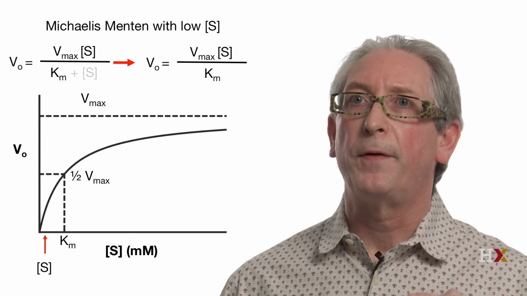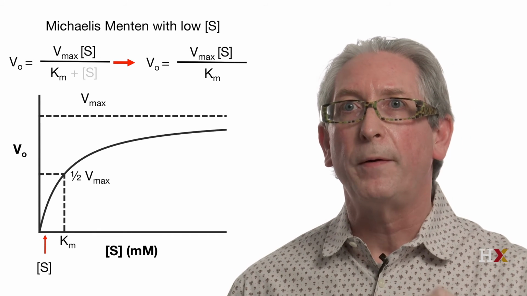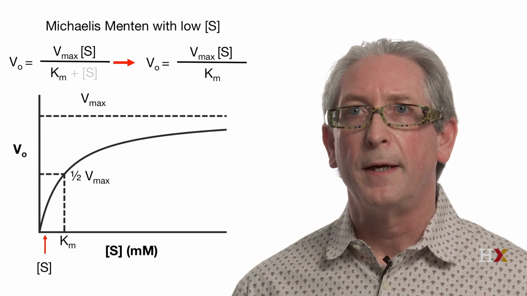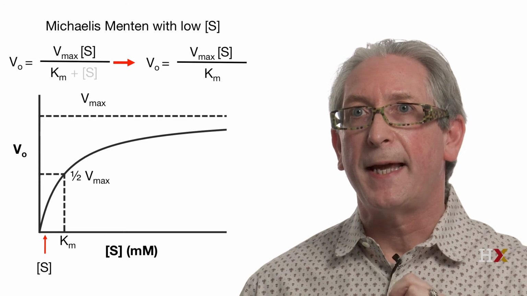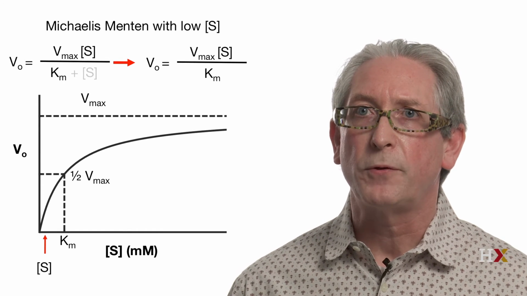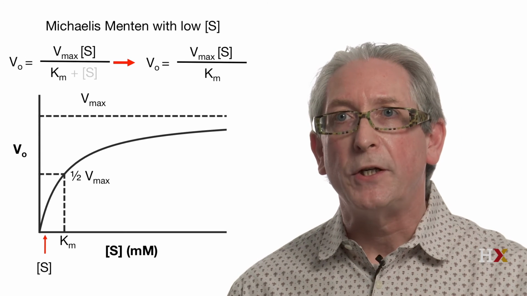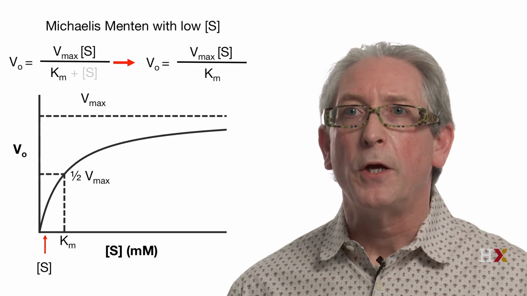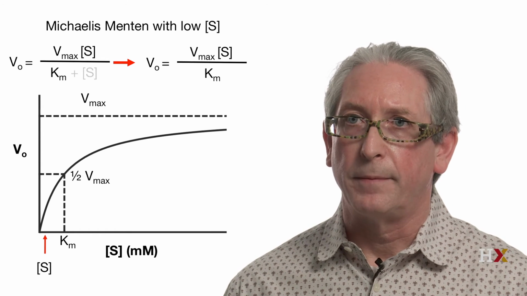This is not very good for a cell. In a cell where you have a very low concentration of substrate, the reaction is very sensitive to any changes in the concentration of substrate. However, the enzyme will never reach its maximum velocity. So the enzyme will not work at its full potential.